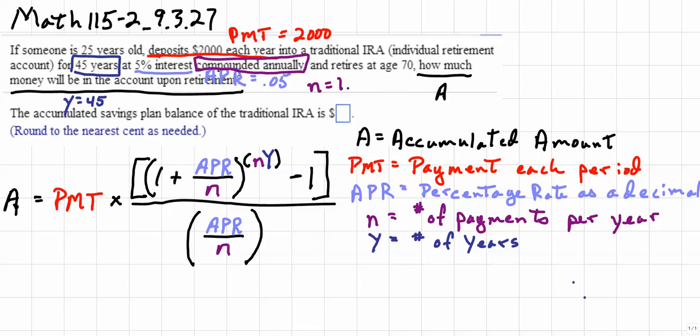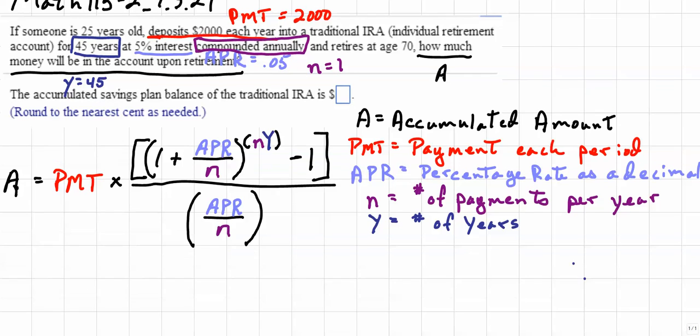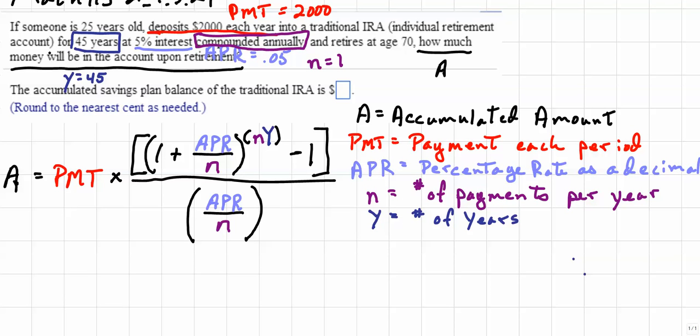So now what we need to do is put this all into the formula in such a way that we can input it into the calculator. So A will be equal to our annual payment, which is $2,000. Then we're going to multiply that by the following, and we'll set this up as 1 plus, and then we'll put APR, which in this case is going to be 0.05 in the numerator here.